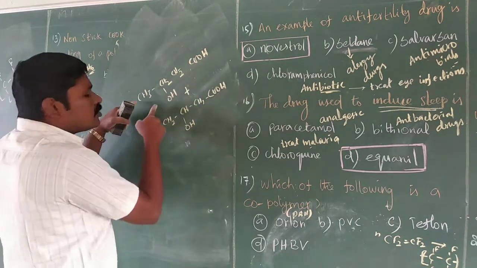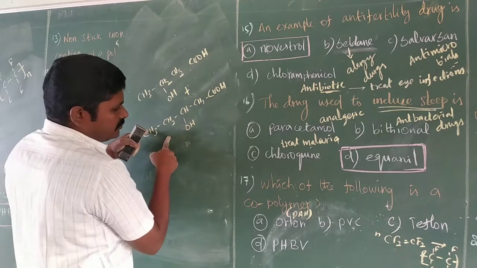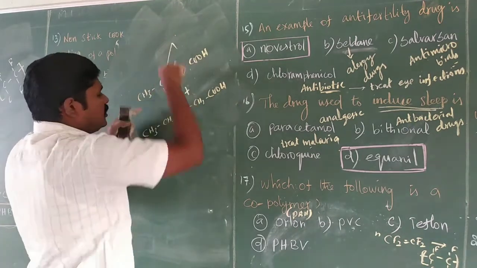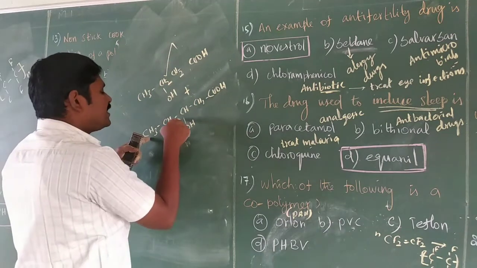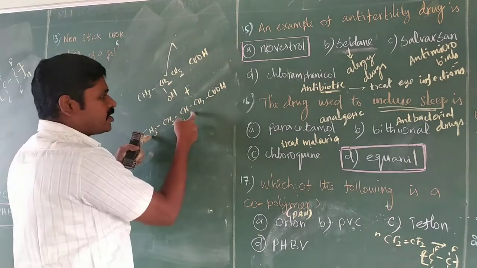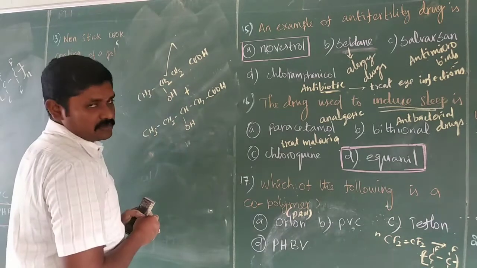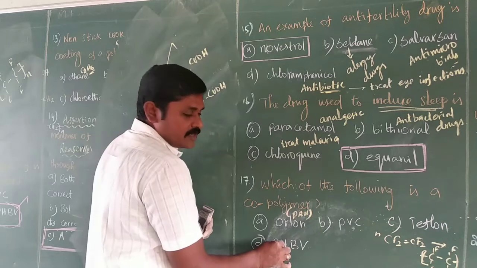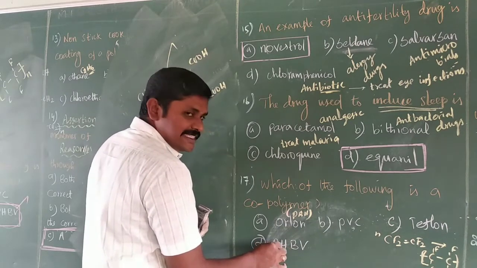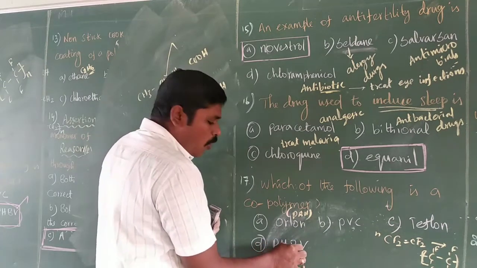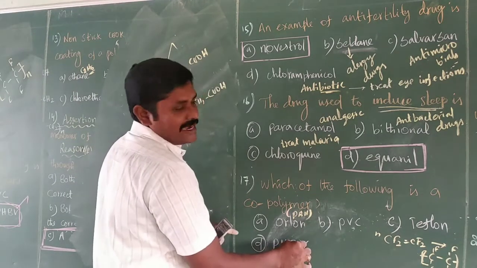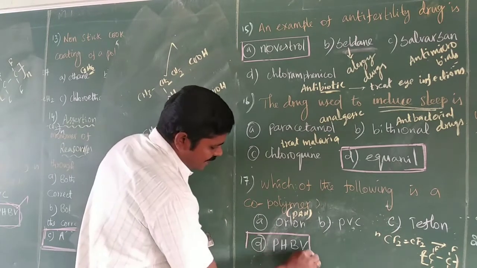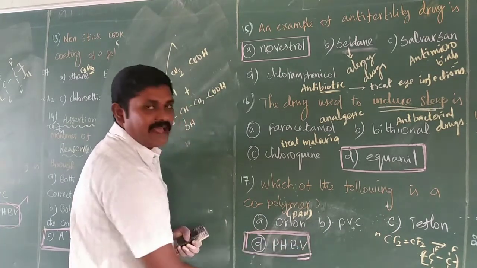Okay, so there are two different monomer units. Right? So poly-3-hydroxybutyrate-co-3-hydroxyvalerate is a copolymer. Okay. Option D is the correct answer.